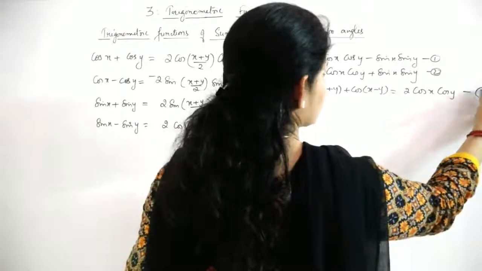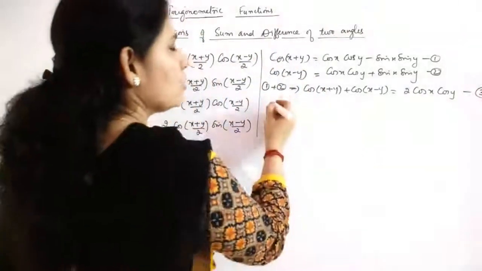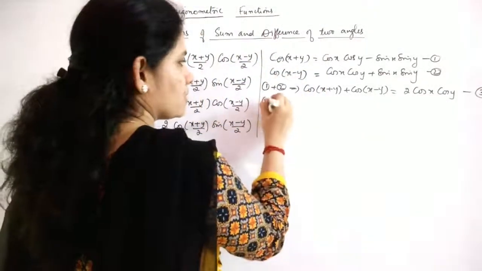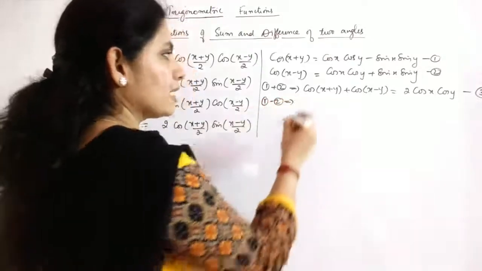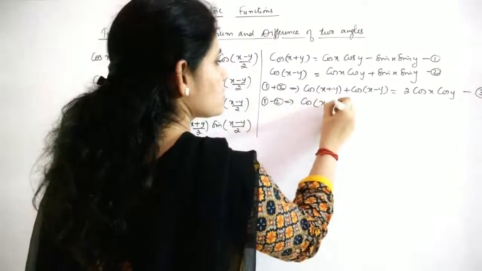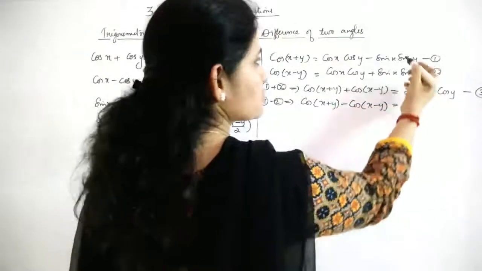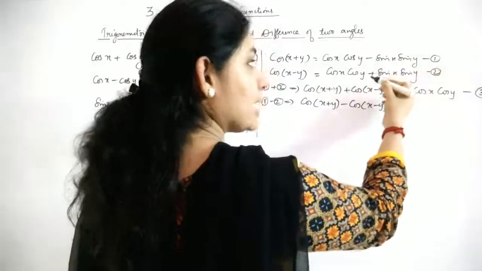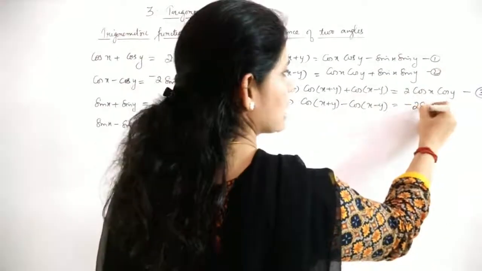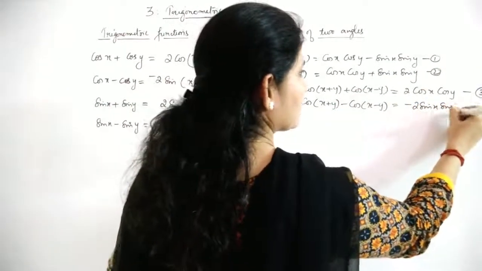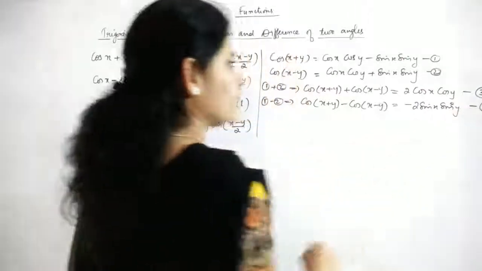Let it be your third equation, right? Now if I am subtracting the two equations, that means 1 and 2, what I will get? Cos of x plus y minus cos of x minus y is equal to minus sin x sin y minus sin x sin y, that means minus 2 sin x sin y, which is your equation number 4, suppose.